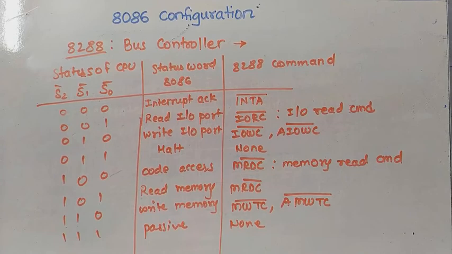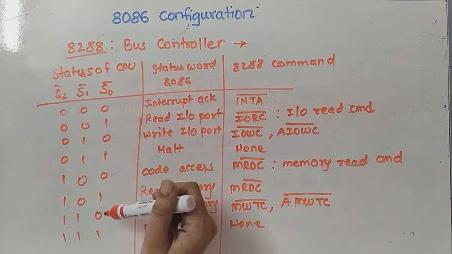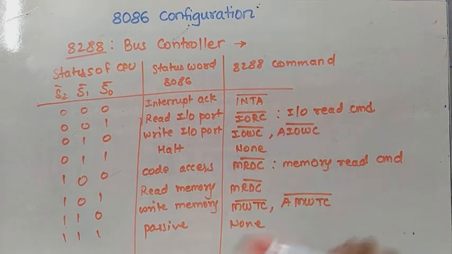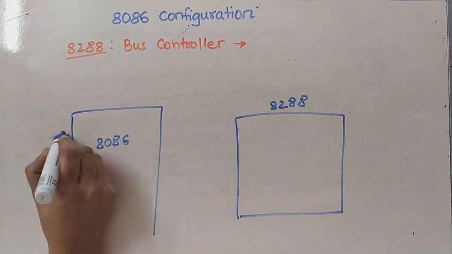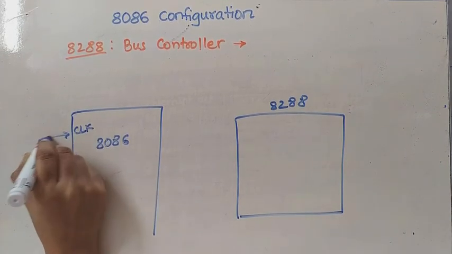So in this way, with the help of this status of CPU, the 8288 generates the commands for input output read, input output write, memory read as well as memory write. Now the interfacing. The 8286 receives the clock signal through the clock generator.